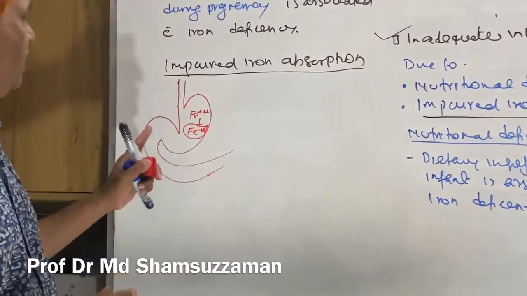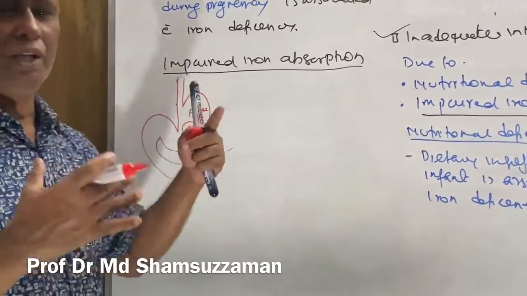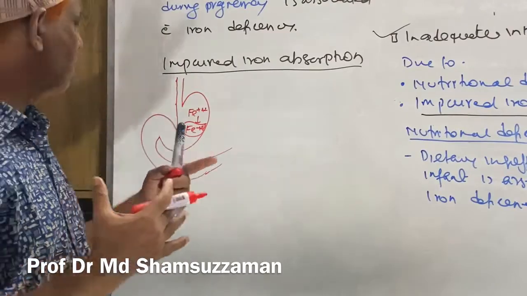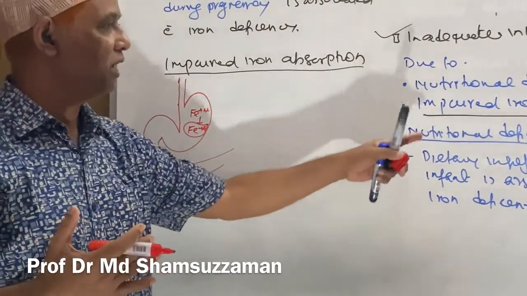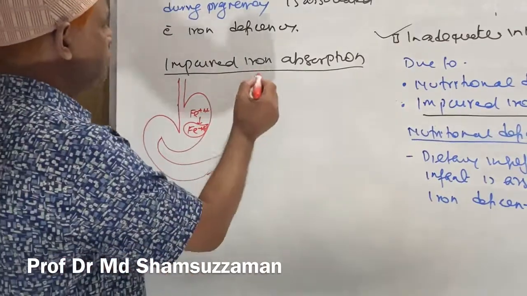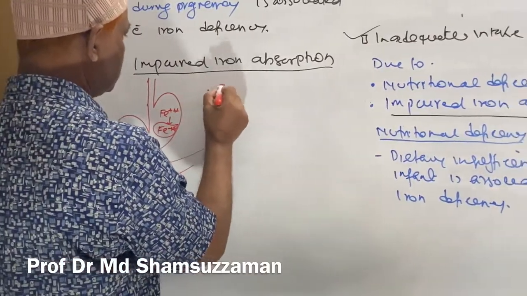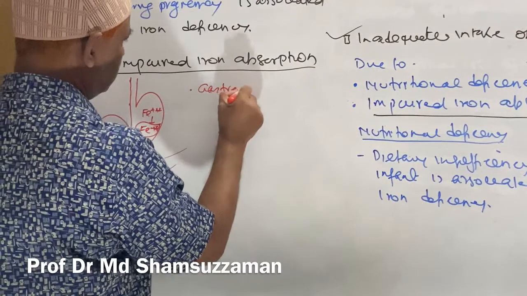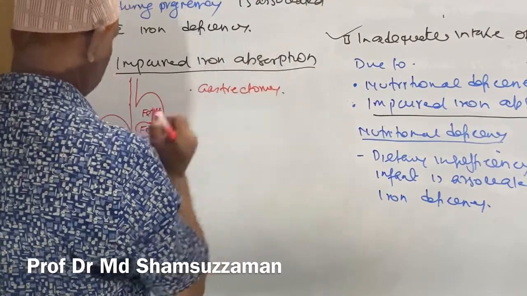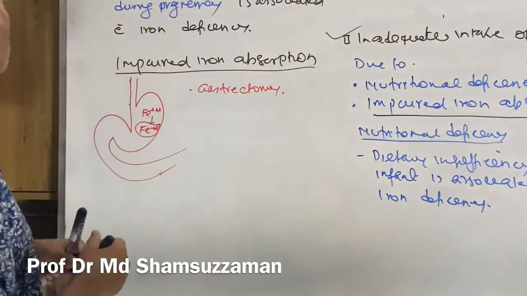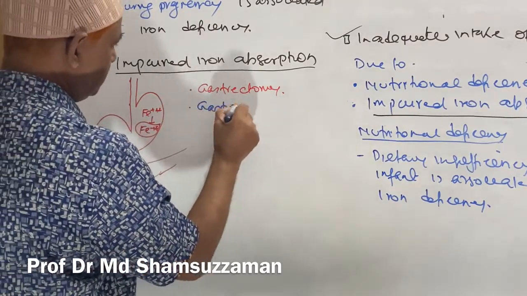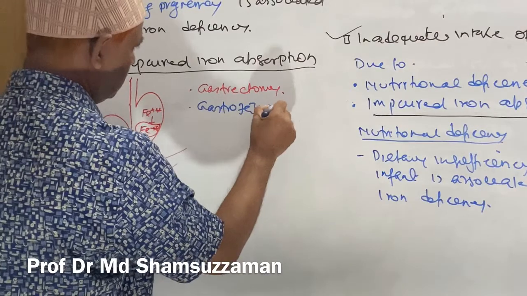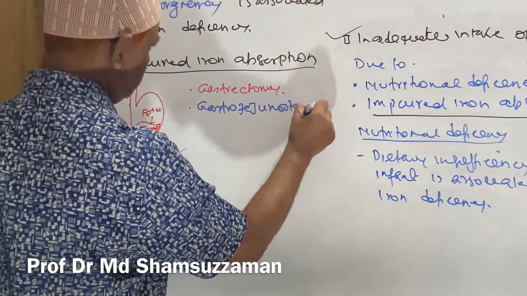So if anybody has undergone gastrectomy, either total or partial gastrectomy, there will be impaired iron absorption. So causes of impaired iron absorption are, first, gastrectomy. Another cause is gastrojejunostomy.